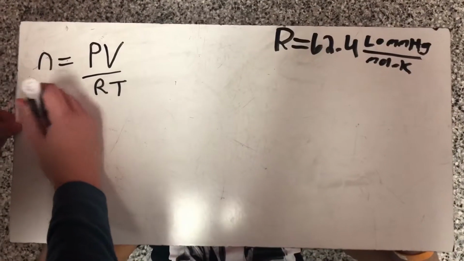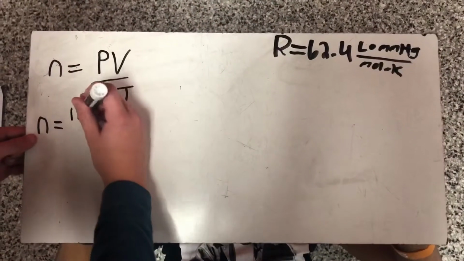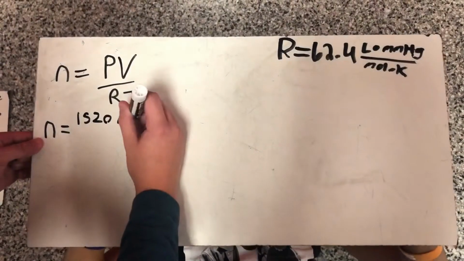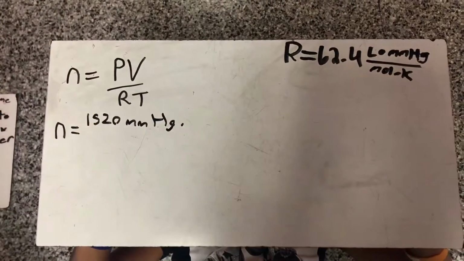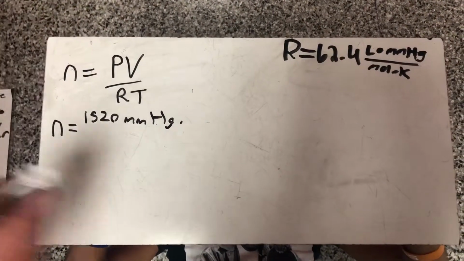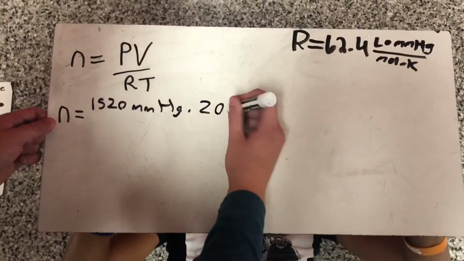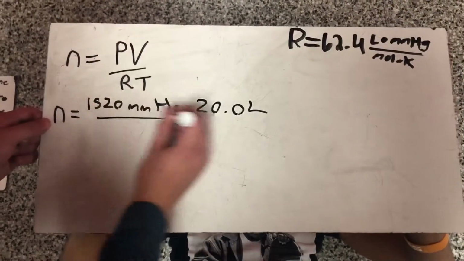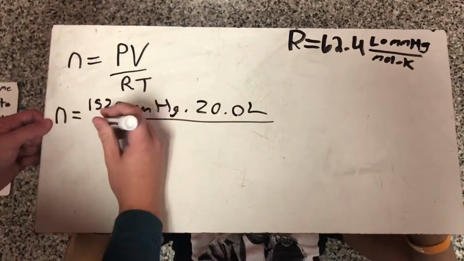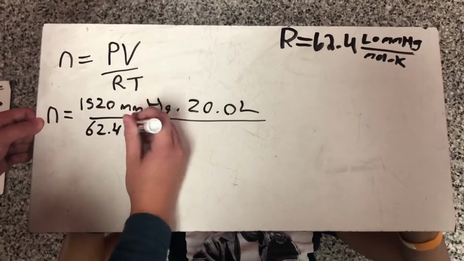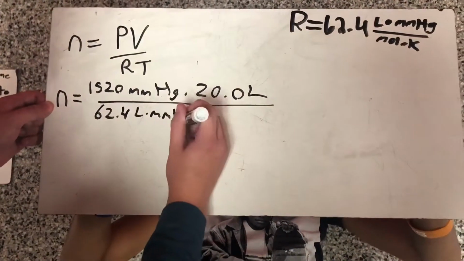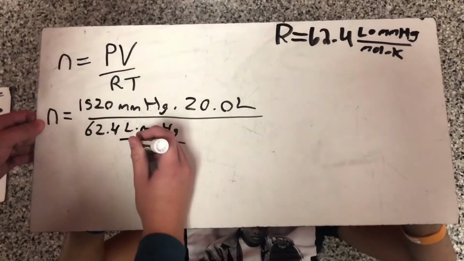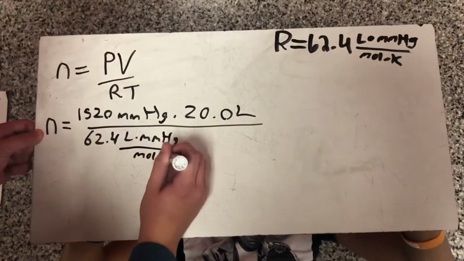So we're gonna start off with n equals, the pressure is 1520 mmHg times the volume, which is 20.0 L, divided by the R, which is the gas constant, over here, mmHg over mole times K.